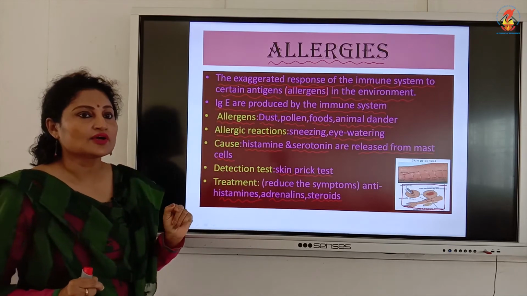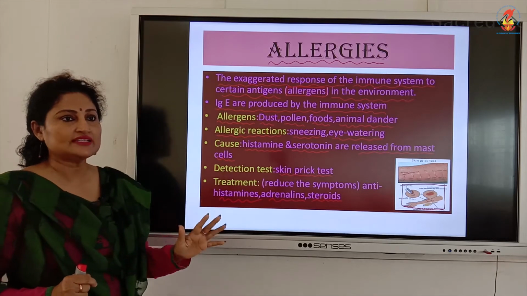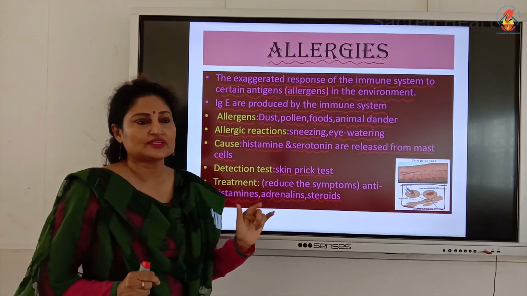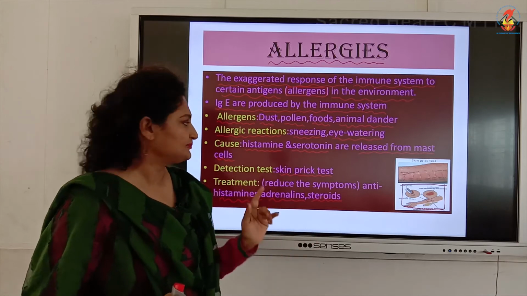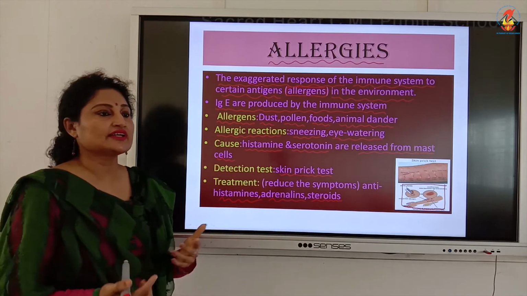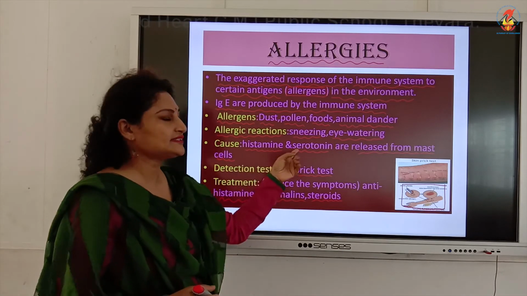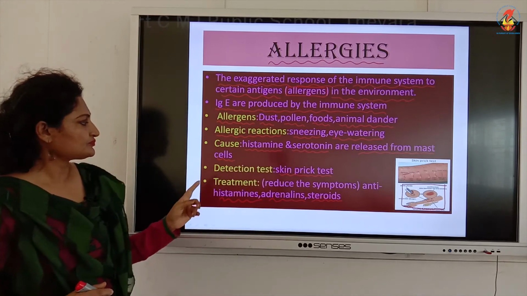They release the antibody IgE. We know there are 5 antibodies. The antibody that is released during allergy is IgE. Then the cause of this allergic reaction is the chemicals released by the mast cells, namely histamine and serotonin.